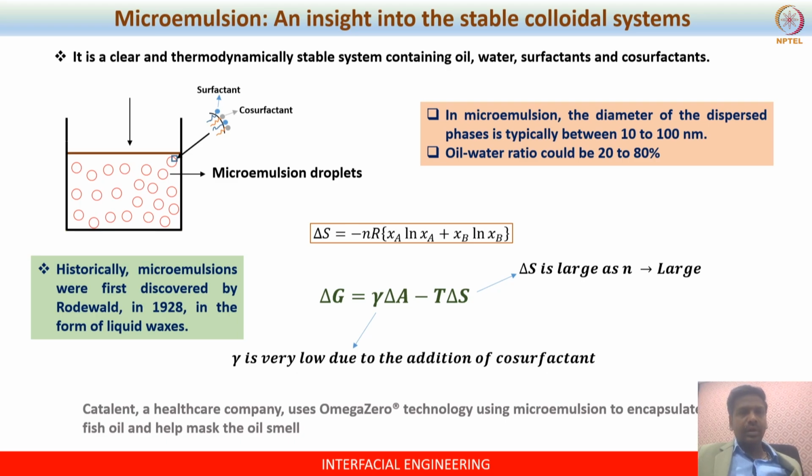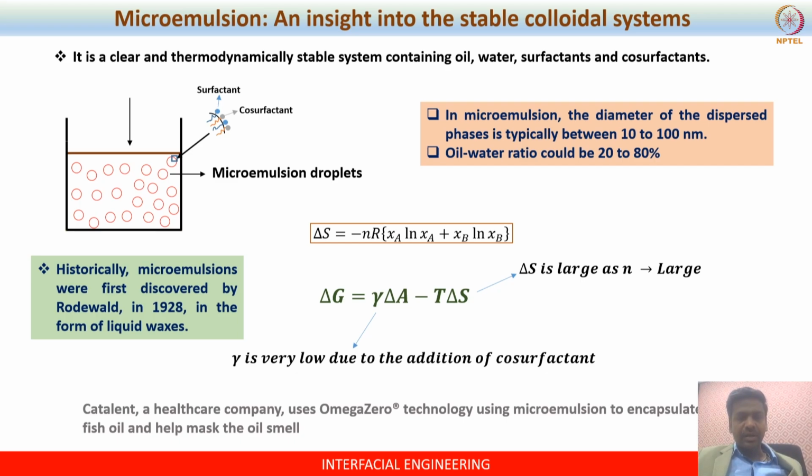In general, microemulsion is a clear and thermodynamically stable system compared to the regular emulsion system. The stability is better, and it is thermodynamically favored by the change in Gibbs free energy.